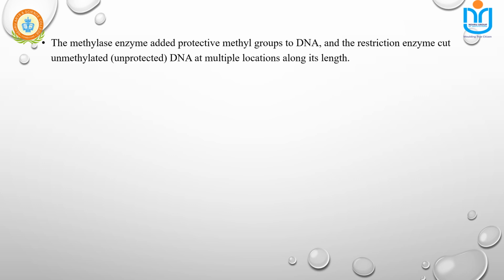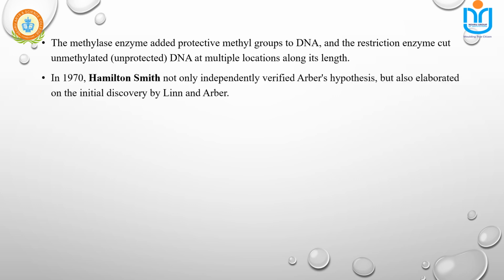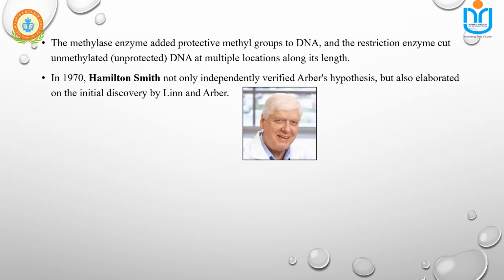The methylase enzyme added protective methyl groups to DNA, and the restriction enzyme cut unmethylated or unprotected DNA at multiple locations along its length. In 1970, Hamilton Smith not only independently verified Arber's hypothesis but also elaborated on the initial discovery by Linn and Arber.